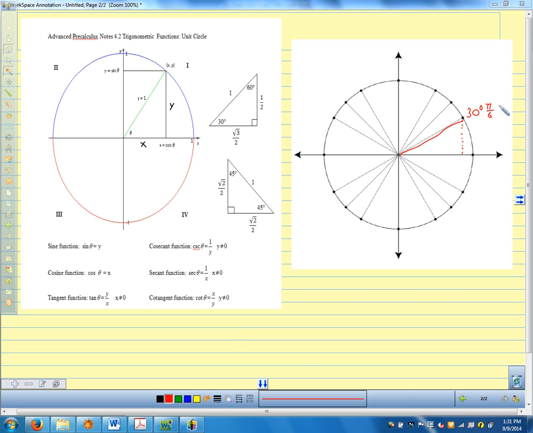And we want the x and y coordinates of this point. So how long is the long side of my 30, 60, 90 triangle? Square root of 3 over 2. How long is the short side? 1/2.